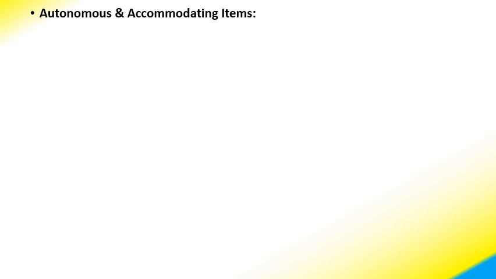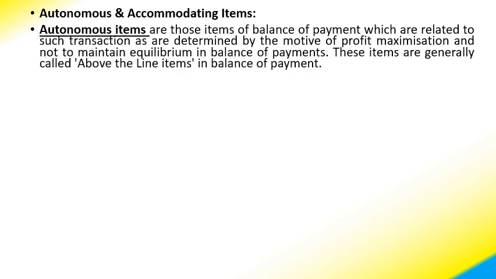Now we learn two important terms. One is autonomous, the other one is accommodating items in balance of payment. Autonomous items are those items of the balance of payment which are related to transactions determined by the profit motive, for profit maximization, not to maintain the equilibrium in balance of payment.